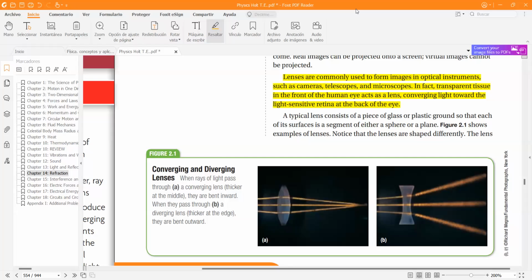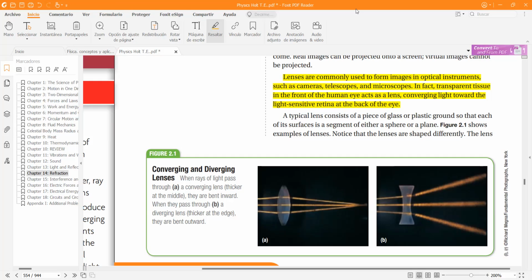So a typical lens consists of a piece of glass or plastic. That surface could be like a segment of a sphere, or it could be a flat surface.